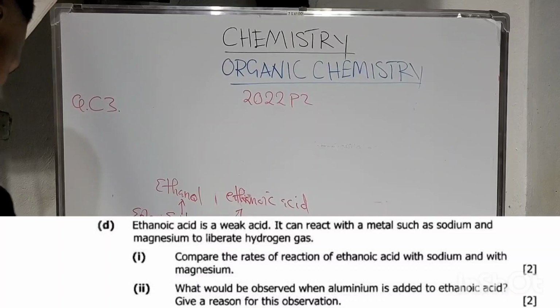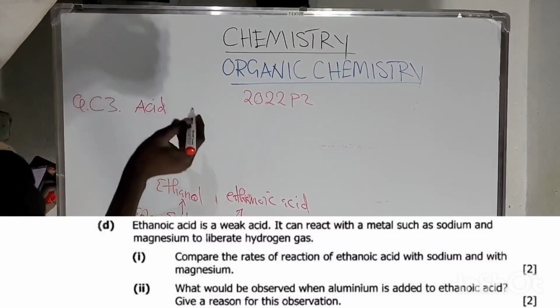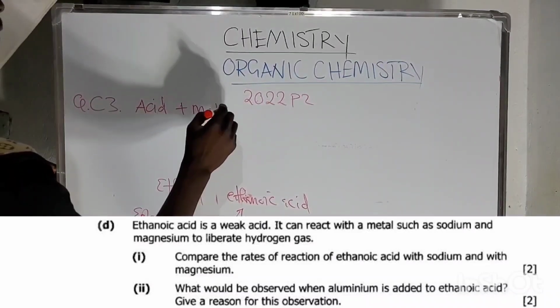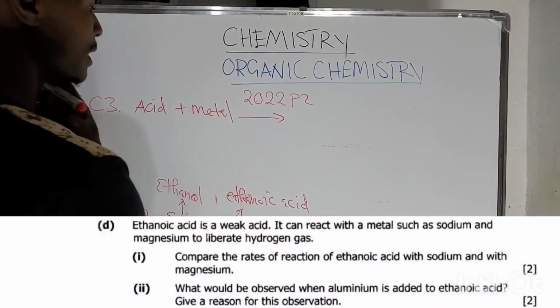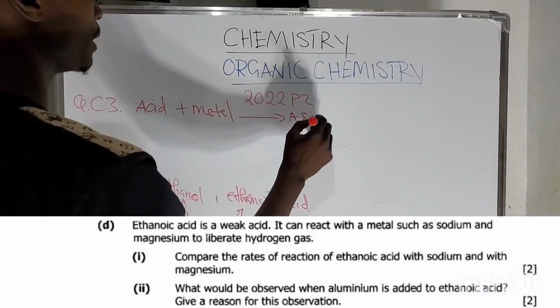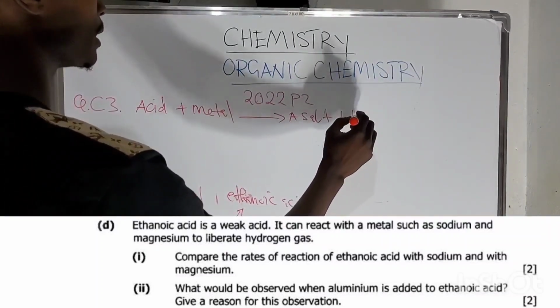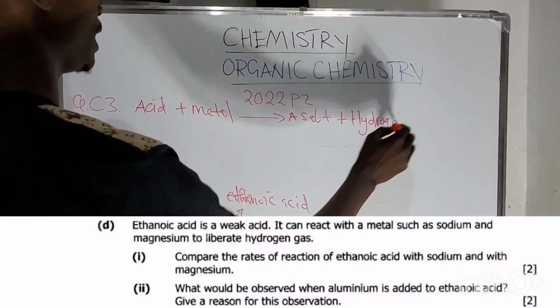Ethanoic acid is a weak acid. It can react with a metal such as sodium and magnesium. So an acid and a metal, that's the key. The products are a salt and hydrogen gas.